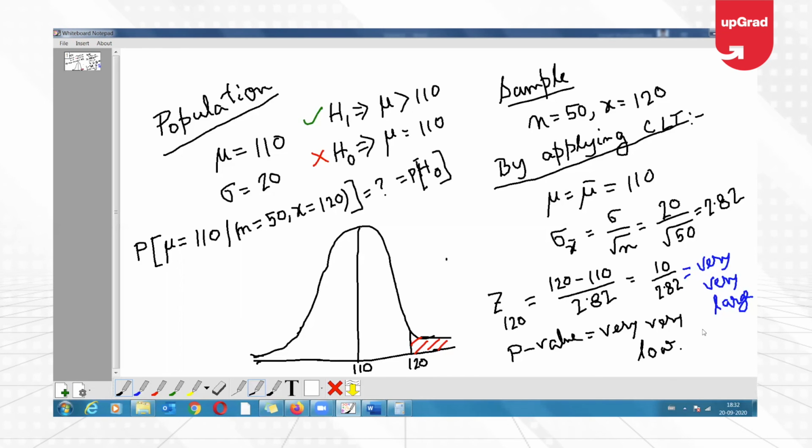Okay, now let's make some changes. Say this is not 120, say this is 115, or say 112. Now let's see if that makes any difference. Actually, let's make it 115.